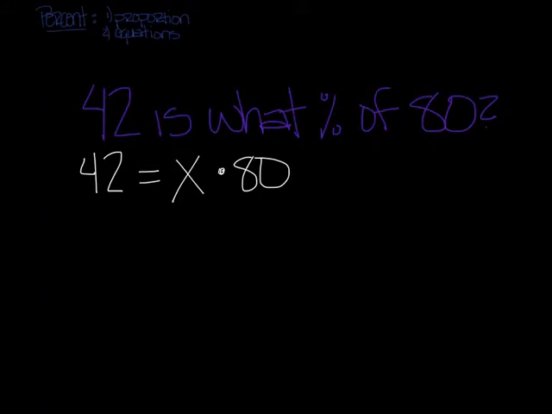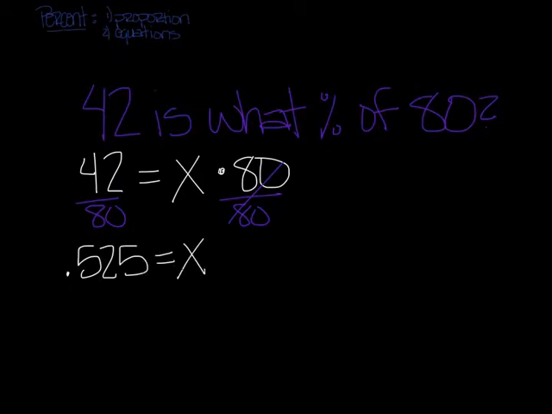We simply divide both sides by 80. And we get 0.525 equals x. Now, since we're dealing with percent, we need to multiply our answer by 100, which really, the easiest way is to simply move the decimal 2 places to the right.